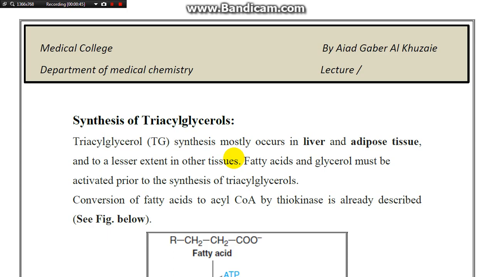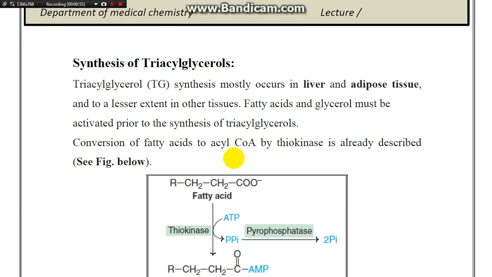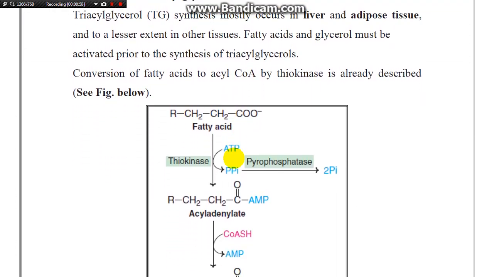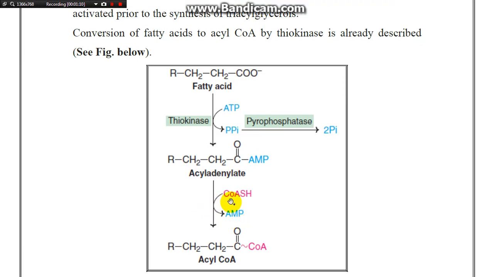Conversion of the fatty acid to acyl CoA by the thiokinase is already described in this figure or this scheme. The fatty acid is converted to the acyl adenylate by the thiokinase, and by addition of CoA enzyme gives acyl CoA.